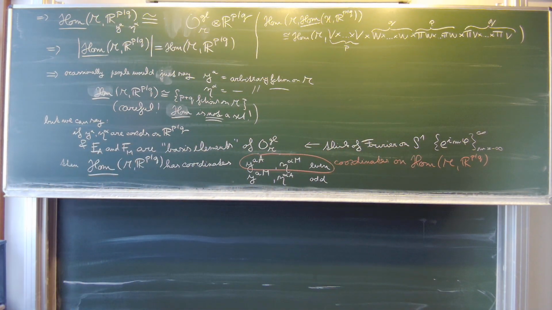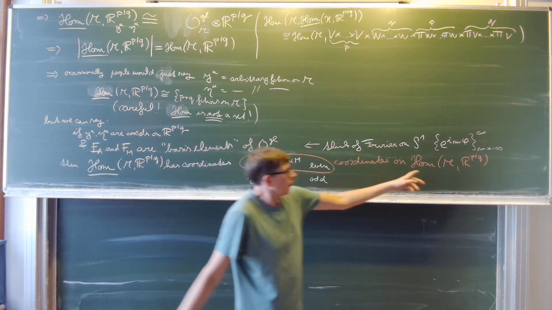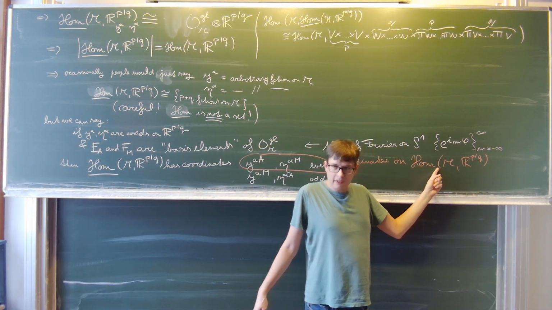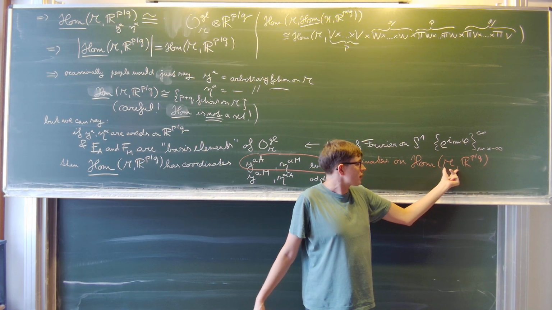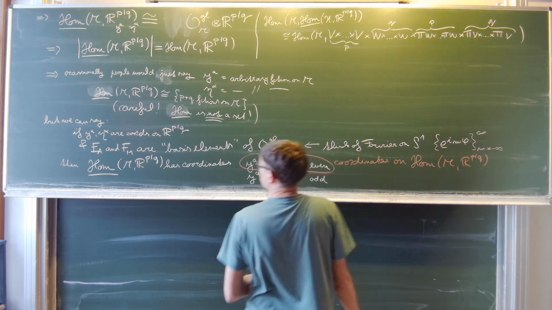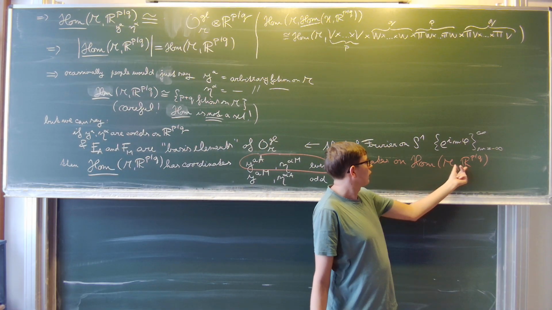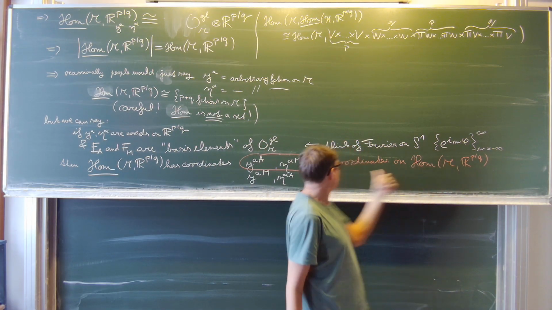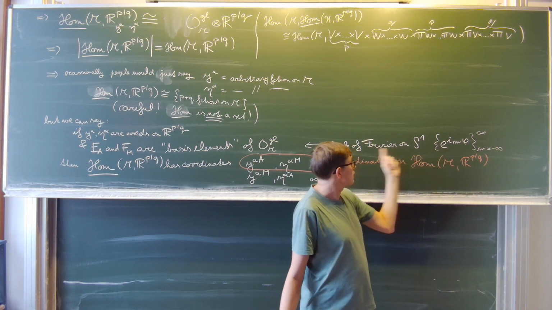Okay, is that okay? And now maybe to comment on the indices. An element in here was an assignment of, we picked p even functions here and q odd functions here, and what I'm doing in these coordinates is just expanding these even and odd functions in these bases.